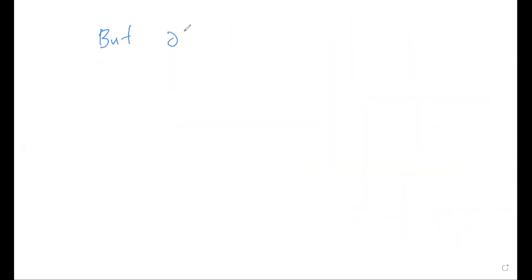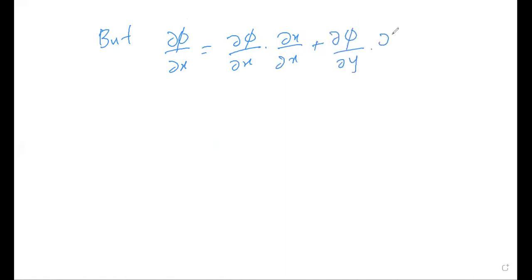But we know ∂pi/∂x depends not only on x, we have three variables. So I can write this as ∂pi/∂x times ∂x/∂x, I'm just writing it for your clarification, plus ∂pi/∂y times ∂y/∂x, and also ∂pi/∂z times ∂z/∂x.